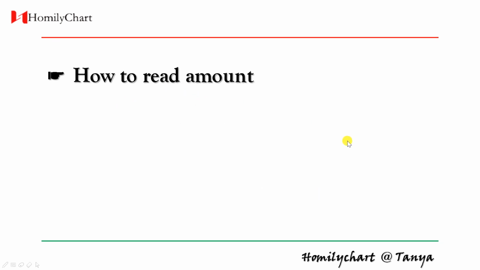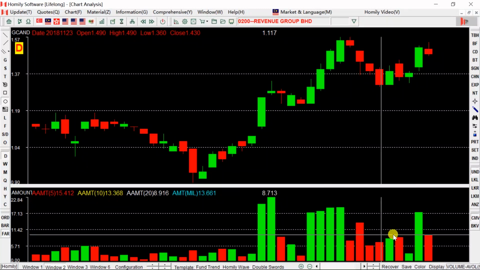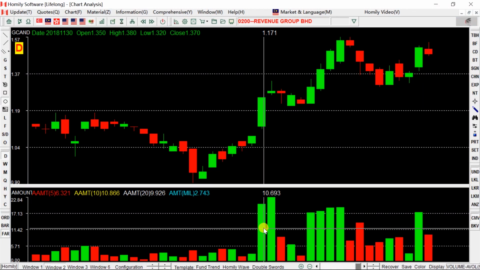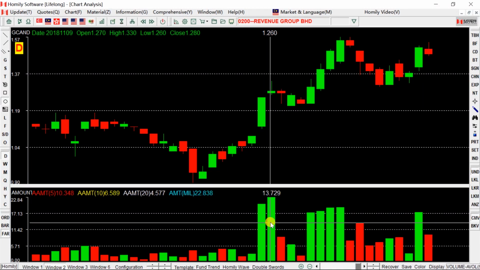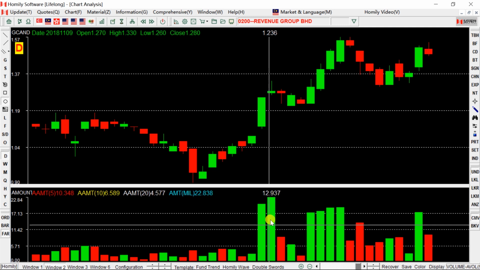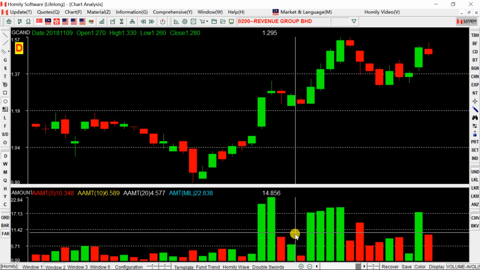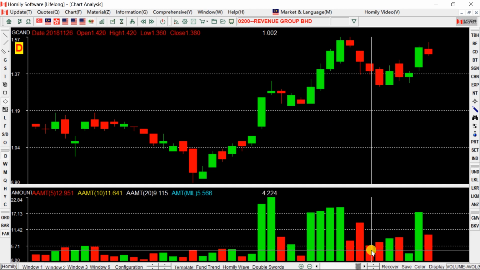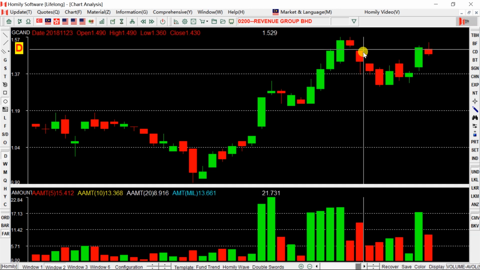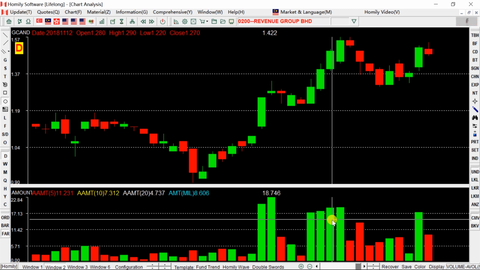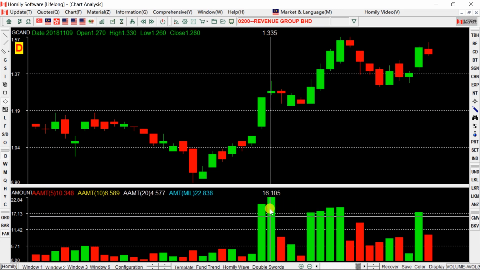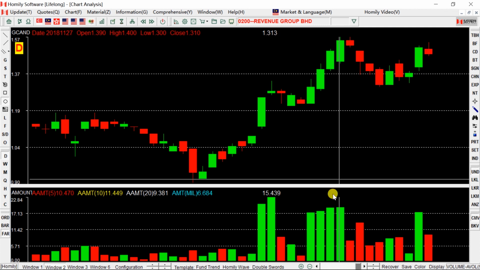How to read amount? This is amount. Amount has two colors, green and red. If we see a green amount, that means that day it's a green candle. If we see a red amount, that means that day it's a red candle. So the color of the amount is the same as the candles.